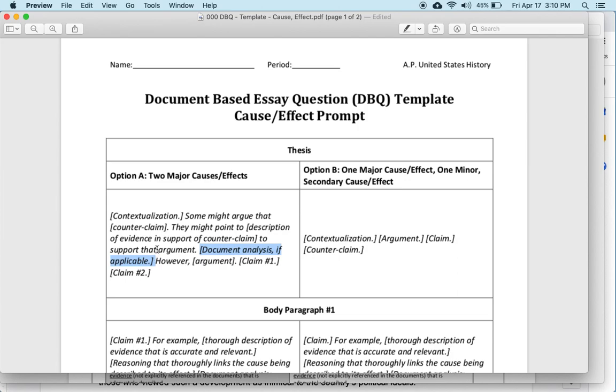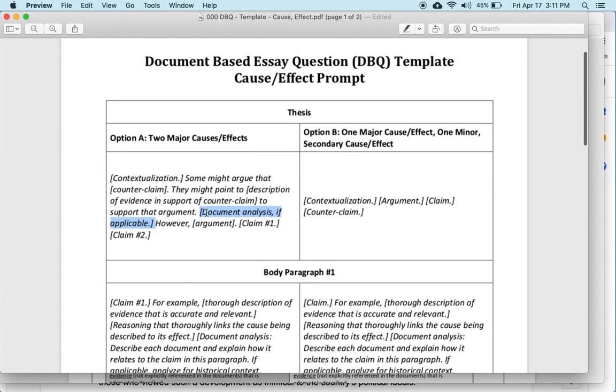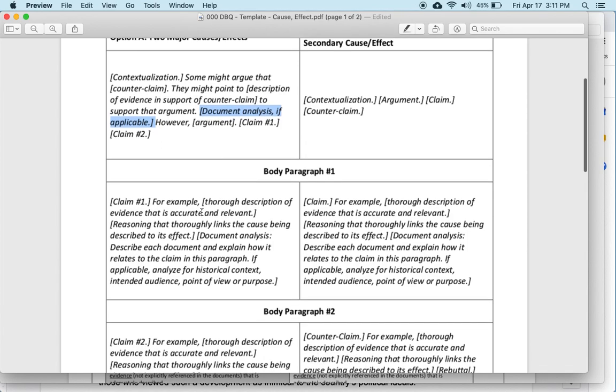Now, what goes into a document analysis? Well, I don't put that in here, although I probably should have, because I normally expect document analyses in the body paragraphs. But this applies similarly up here.